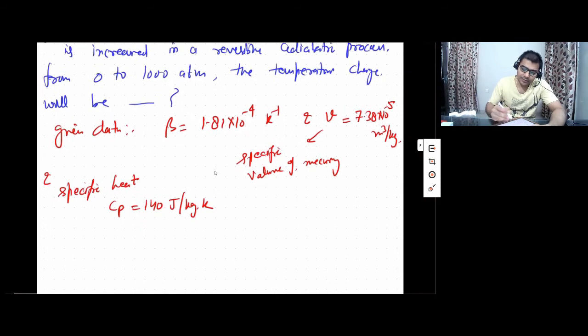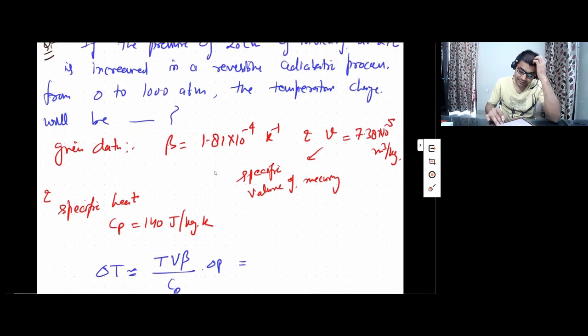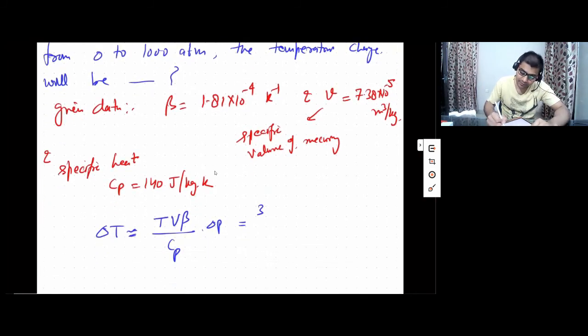Now we simply apply the equation that we just derived, delta T approximately equal to TV beta over Cp times delta P. T here is 27 degrees centigrade, which converts into Kelvin to become 300. V is the volume here, and Cp is the heat capacity in this relation.